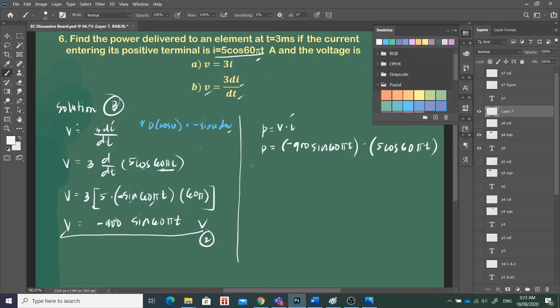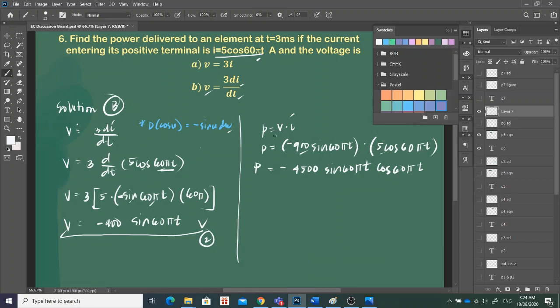Multiply natin mga constant, 9 times 5 is 45, so negative 4,500 sine 60 pi t cosine 60 pi t.